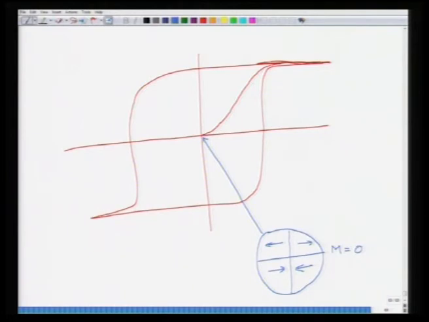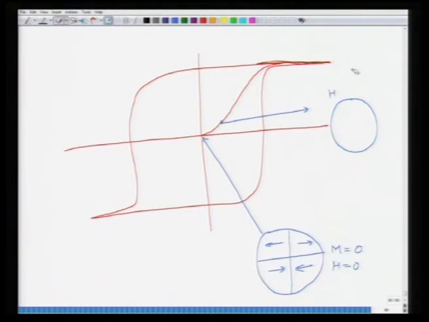Now, what happens in these materials is that when you start applying the field, initially the field is always in this direction. So, let us say this is when H is equal to 0. Let us take somewhere around this point. So, the field is in this direction, and just for the sake of illustration, I will make the field slightly in a different direction.